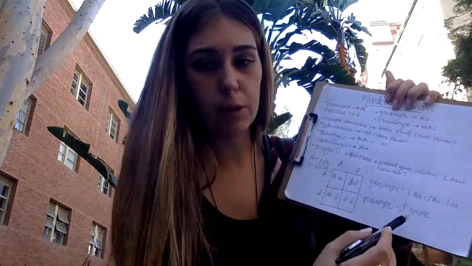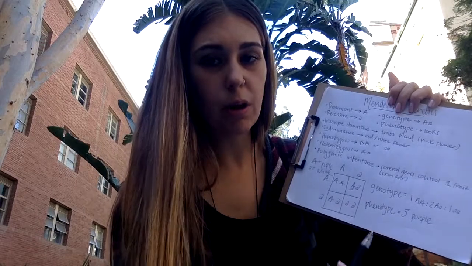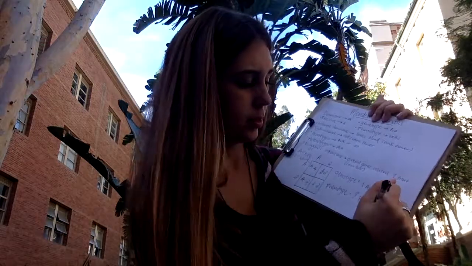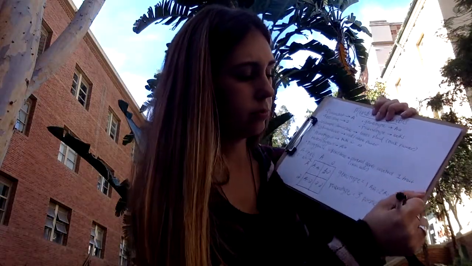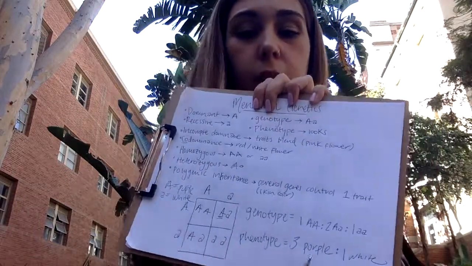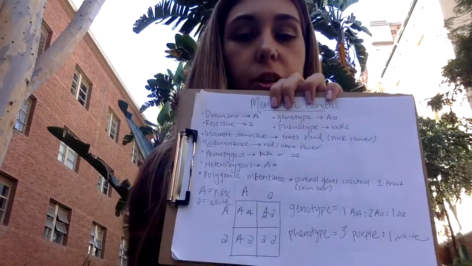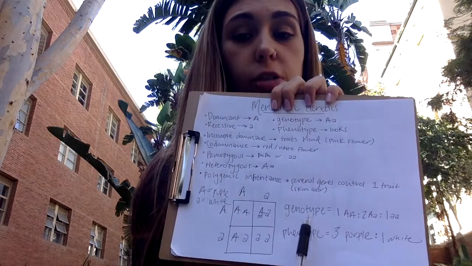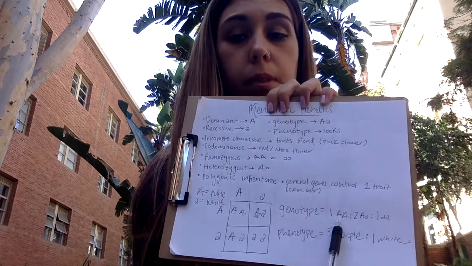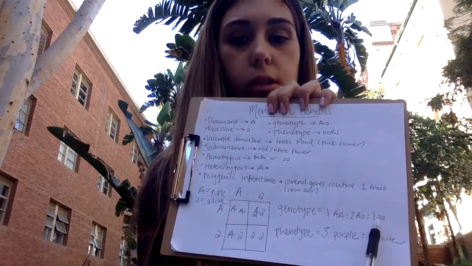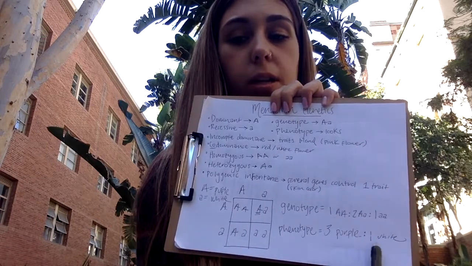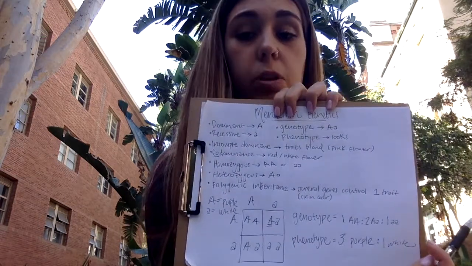Okay, so our phenotype, 3 purple to 1 white. Once again, this is just our basic Punnett square. Genotype is actually writing out the different alleles, and then phenotype is the traits, what's actually displayed.